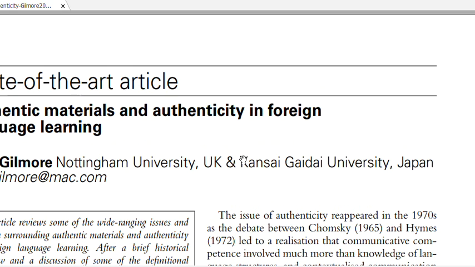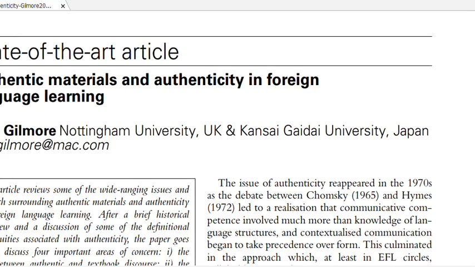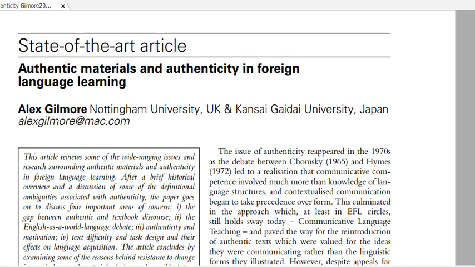Here, let me first introduce one of the best sources that you need to study: Authentic materials and authenticity in foreign language learning by Alex Gilmore. This is one of the state-of-the-art articles. A state-of-the-art article means that all the ideas, findings, and studies in the literature have been summarized in this article.